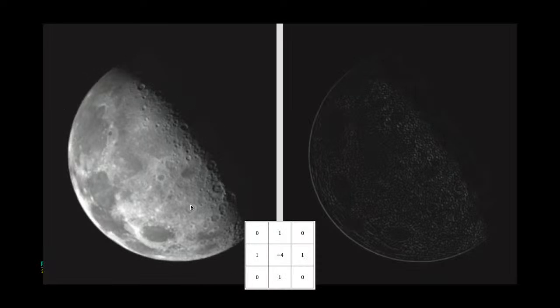This is the image of the moon, which has been taken by a simple telescope. Now I have applied 0, 1, 0, 1, minus 4, 1, 0, 1, 0, the first of the Laplacian kernels. And you can see that the background of the moon is completely missing.